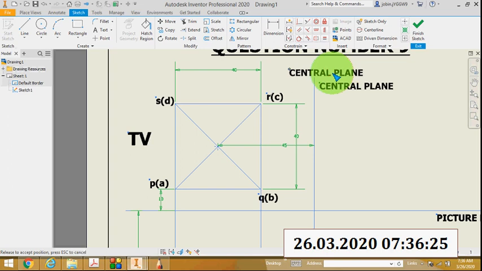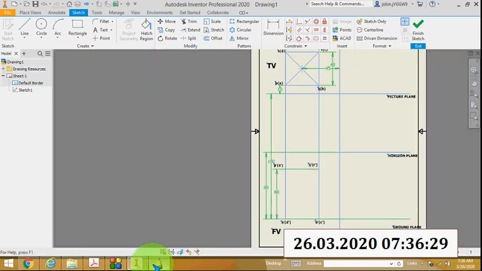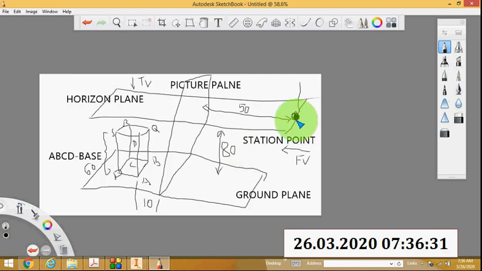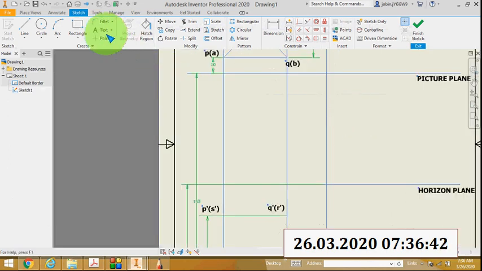This line is actually called the central plane. The station point is in the central plane. So where is the station point? 50 mm in front of the picture plane. So I will draw the top view of the station point. I will mark a point on the central plane at a distance of 50 mm in front of the picture plane.